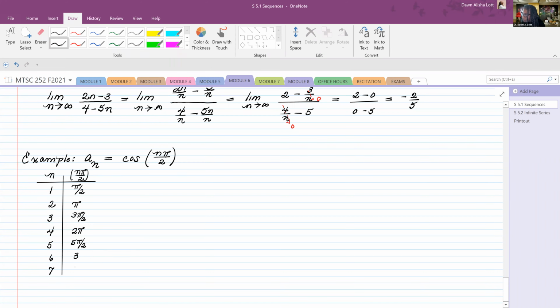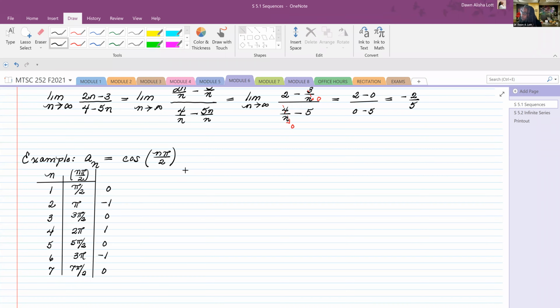And then 7 pi over 2. So now when I take the cosine of that, the cosine of pi over 2 is 0. And then the cosine of pi is -1. The cosine of 3 pi over 2 is 0. Cosine of 2 pi is 1. Cosine of 5 pi over 2 is 0. Cosine of 3 pi is -1. Cosine of 7 pi over 2 is 0.